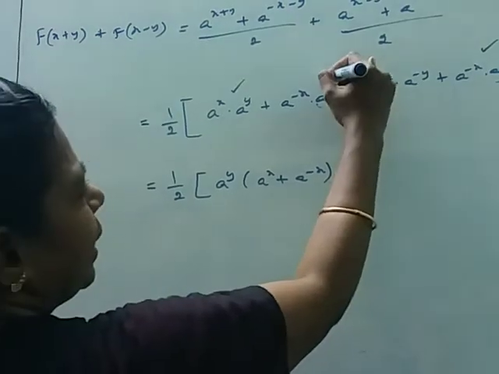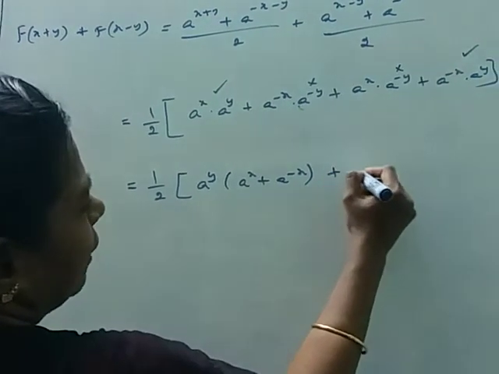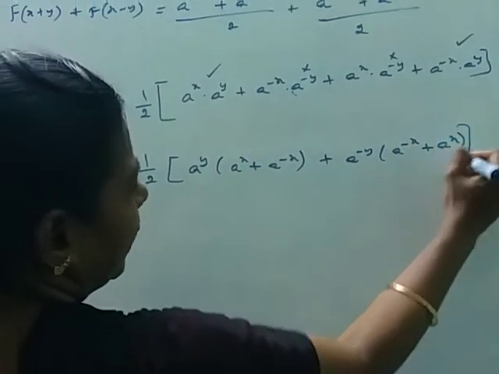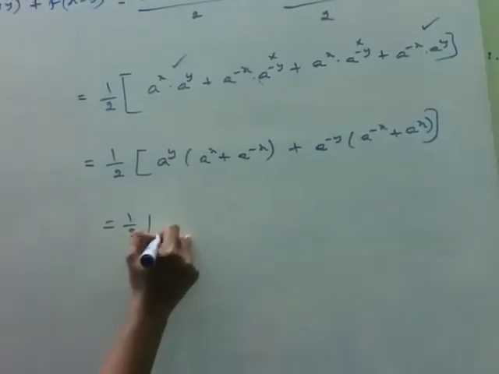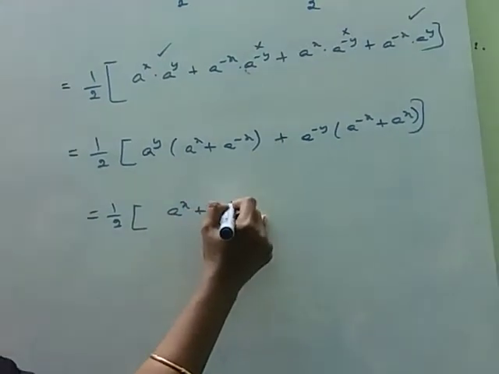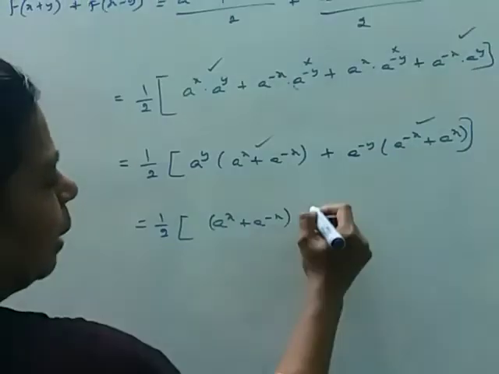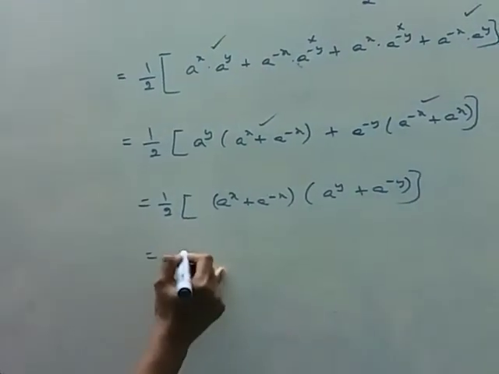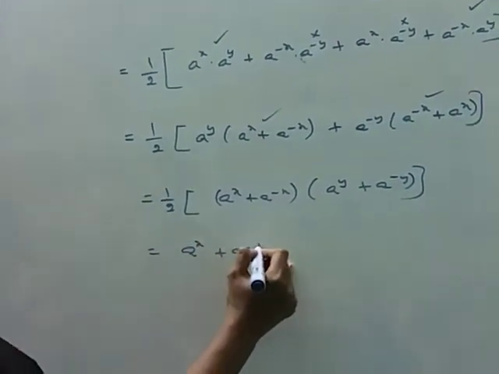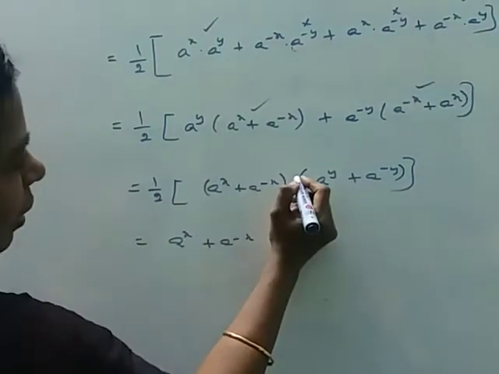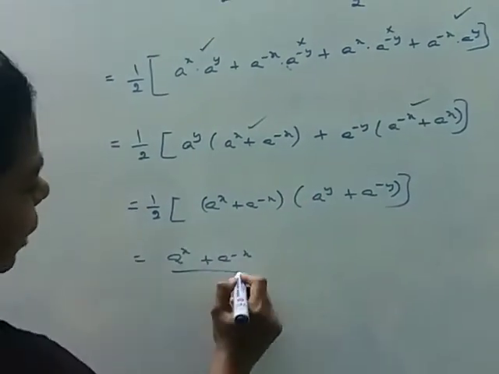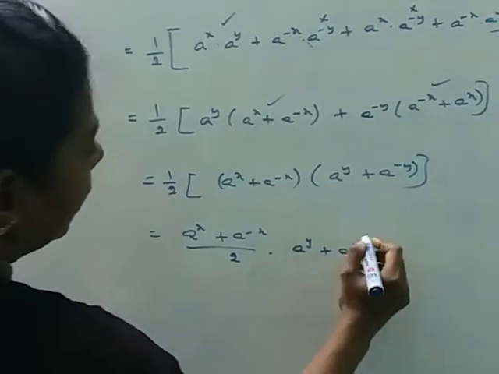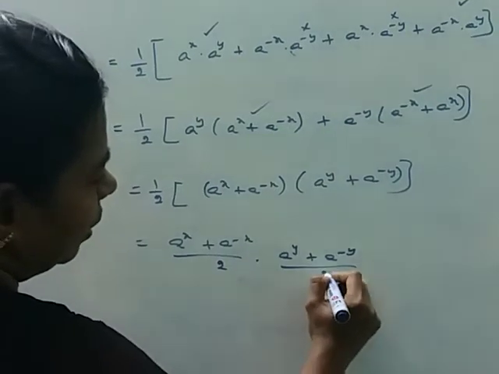And here I take a^(-y) outside, so inside that bracket you have a^(-x) plus a^x. So now when you take a^x plus a^(-x) outside, the remaining terms are a^y plus a^(-y). So you can write it like this: (a^x plus a^(-x))/2 into (a^y plus a^(-y))/2.